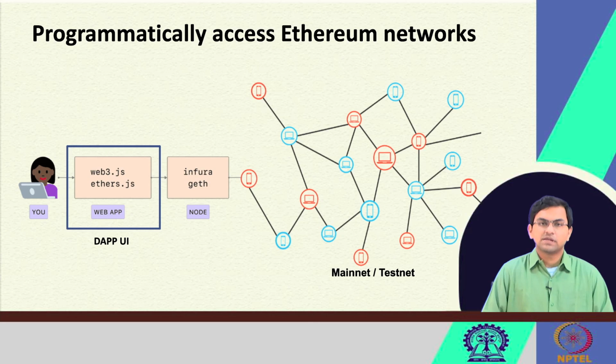But the dApp UI would be required for end users to access the network, because as we saw, we can use POST requests through RPC over HTTP to interact with the Go Ethereum client and thus the Ethereum network. But for an application you need one interface which the users can use. So, this dApp UI sits between the Ethereum node and the user. The Ethereum node is basically the Go Ethereum client, or there are other examples also like Infura, etc.